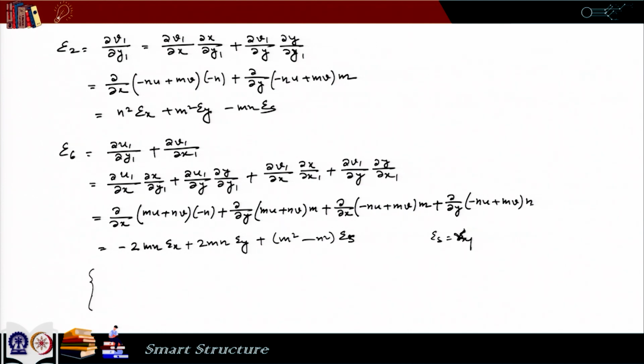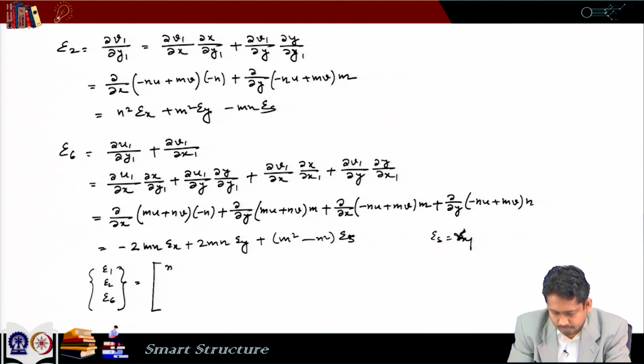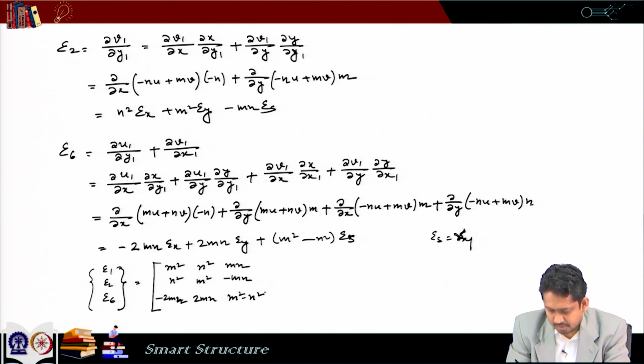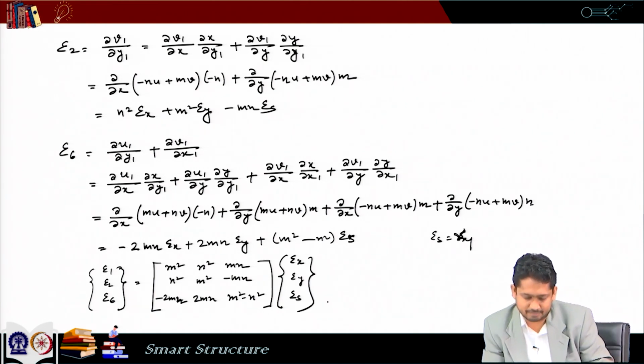Now, we can write this relation in this form: epsilon 1, epsilon 2, epsilon 6 as the matrix m square, n square, m n; n square, m square, minus m n; minus 2 m n, 2 m n, m square minus n square, multiplied by epsilon x, epsilon y and epsilon s.